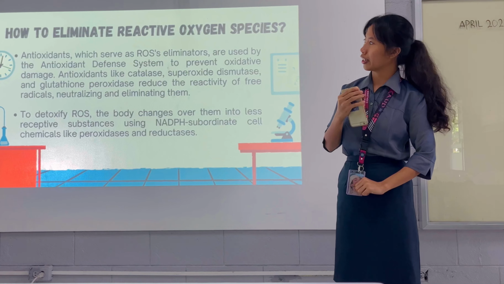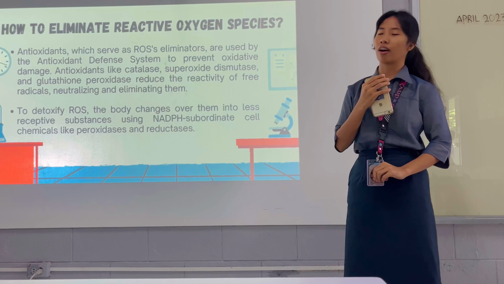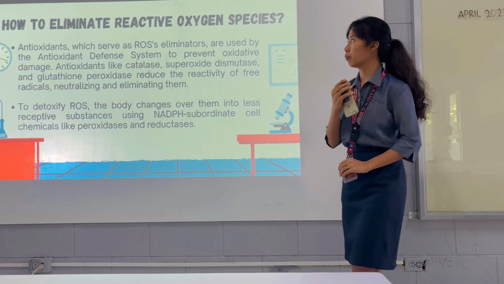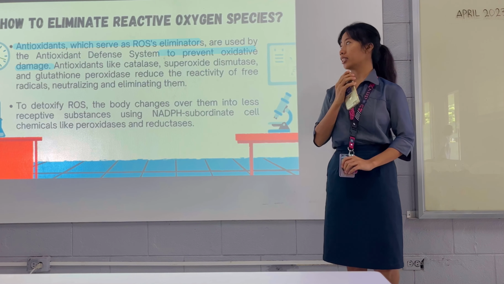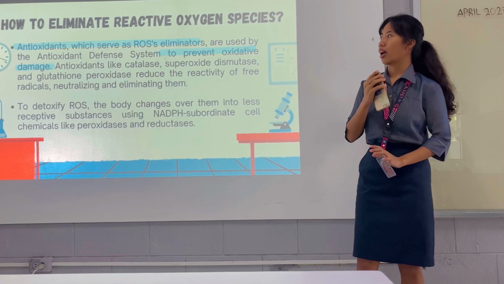Now we are at how to eliminate reactive oxygen species. First, we have antioxidants, which serve as ROS eliminators, and they are used in the antioxidant defense system to prevent oxidative damage.